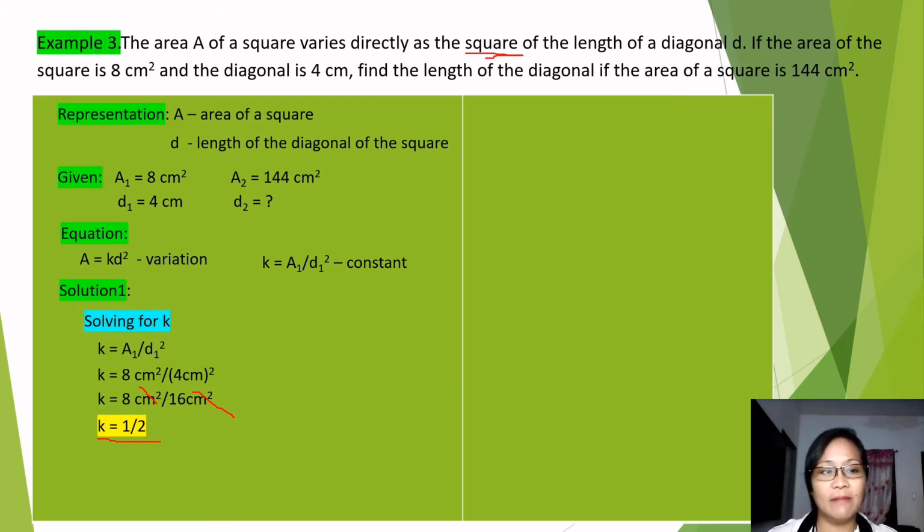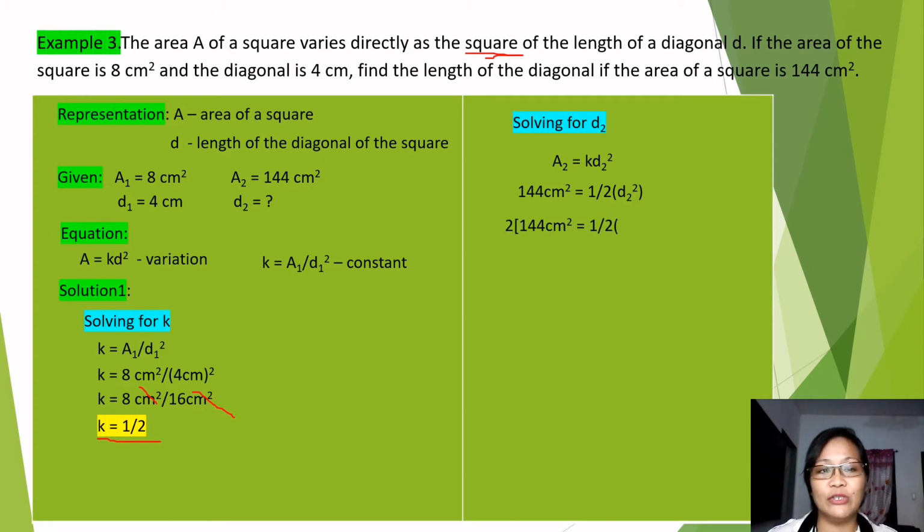Solving for D sub 2, so we have now A sub 2 is equal to K D sub 2 squared. Then substitute the given. We have 144 centimeters squared is equal to, our K is 1/2, and then D sub 2 squared. And of course, to isolate D sub 2, we need to multiply both sides by the reciprocal of 1/2, which is 2.